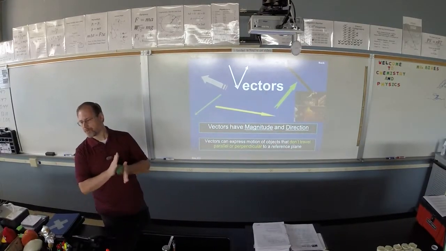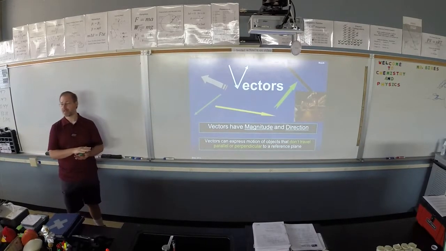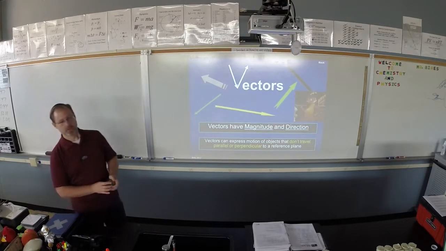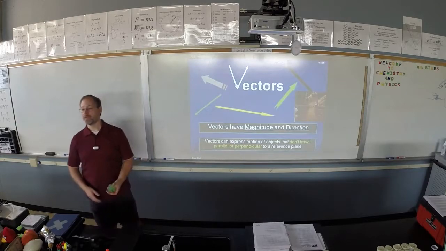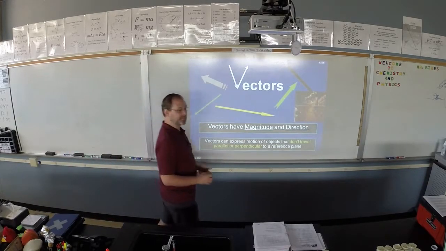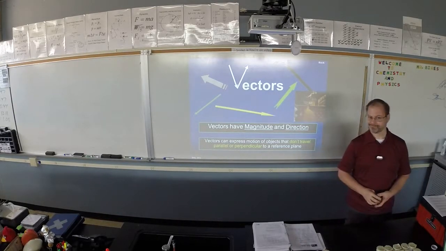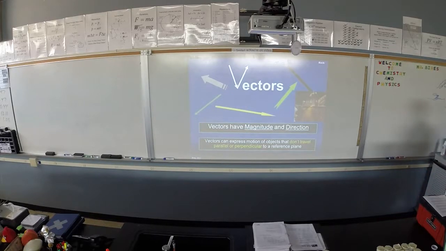So vectors are a tool, and the important thing about vectors is they are not scalars. Vectors have a magnitude and a direction. Your speedometer in your automobile gives you a scalar value. It gives you speed. It says you are moving 65 miles per hour. Not terribly useful unless you add that to your compass.